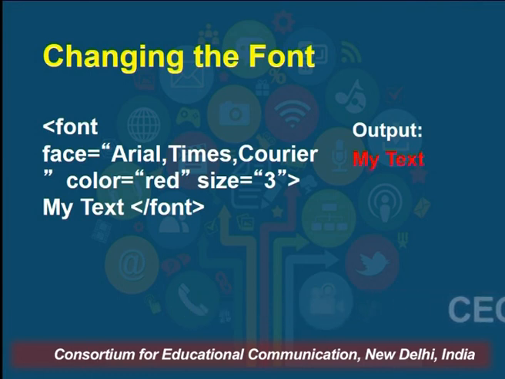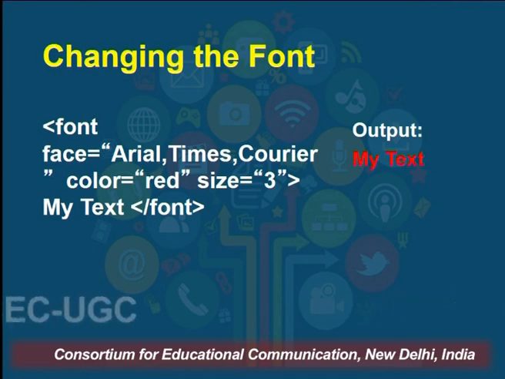You can also give a relative size, for example size equal to +2. So +2 means that your size will be 2 points more than the default, so it will be 5. Or you can give size equal to -1. So -1 means that it will be 1 point lesser than the default font size.